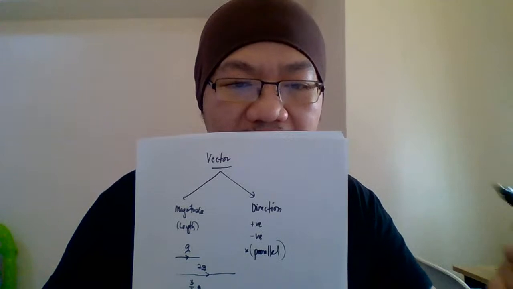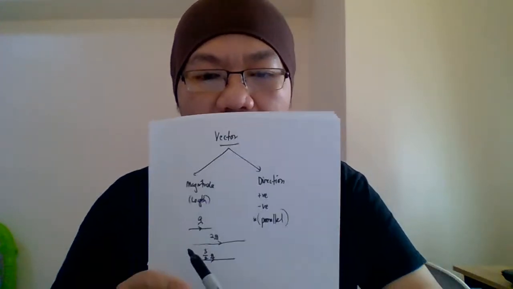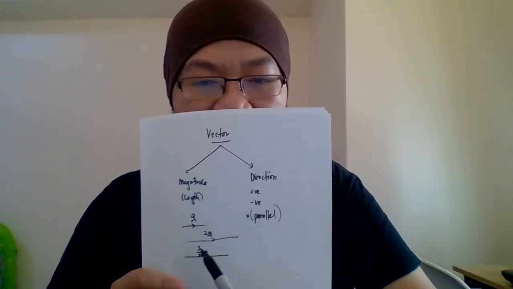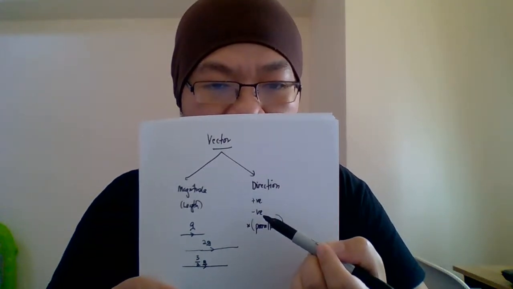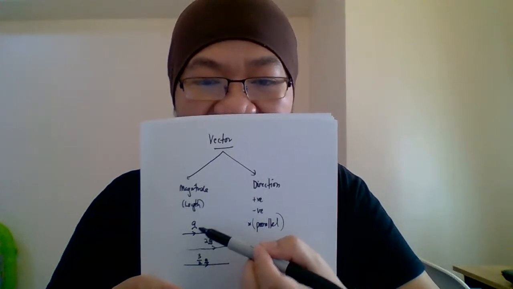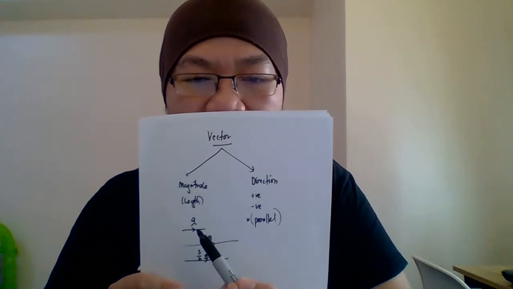So for direction, how do we identify that a vector has a positive direction? If A is from left to right, all these vectors from left to right, that means all the vectors are positive. How does the vector become negative direction? If the arrow points the opposite way. You see the example here from left to right.